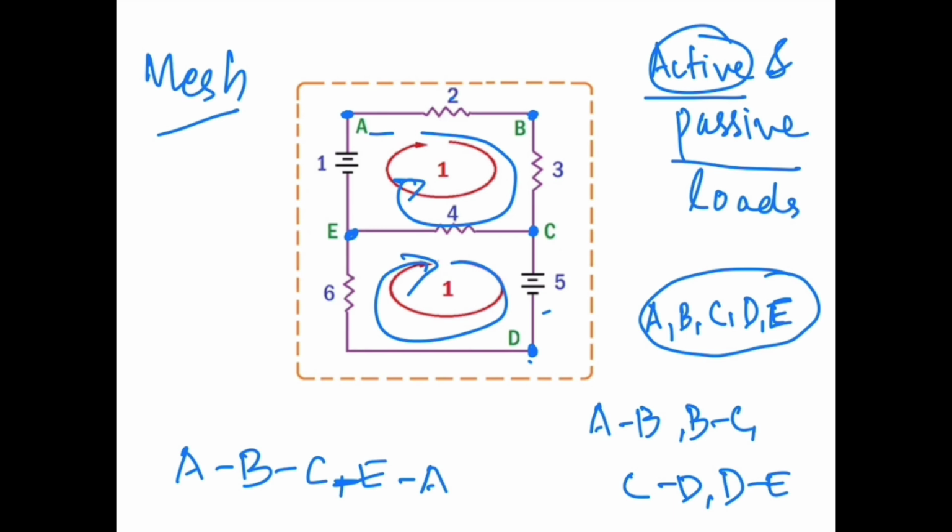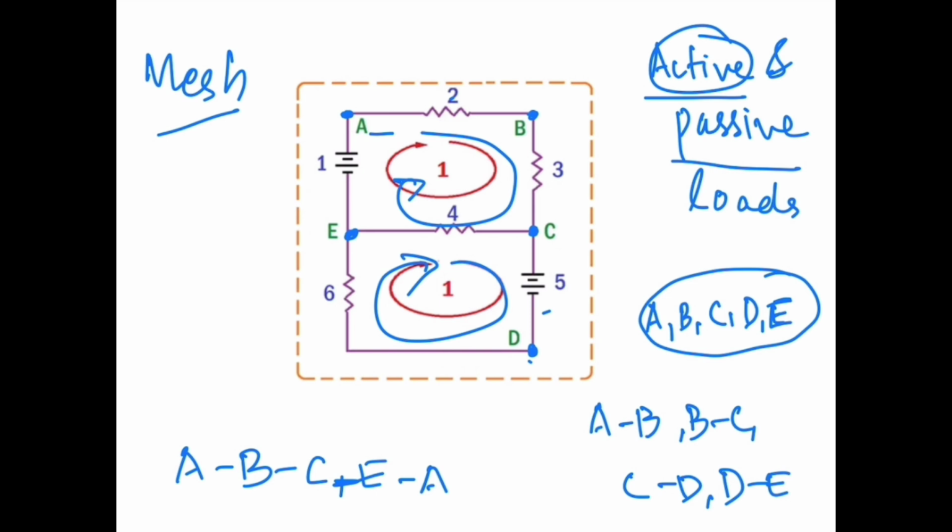All meshes are loops, but all loops are not meshes. That is one thing we have to remember. We can call a mesh a loop, but we can't call every loop a mesh. The smallest one without any inner loop is called a mesh. So this outer one can only be called a loop, but the inner ones can be called meshes also.